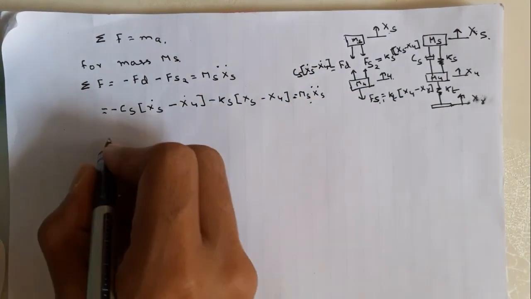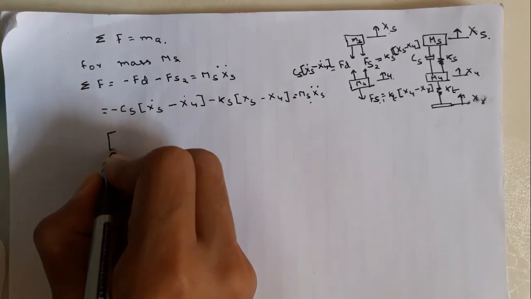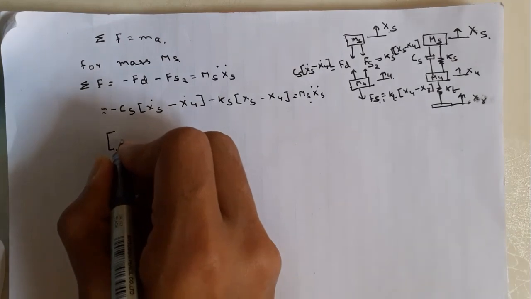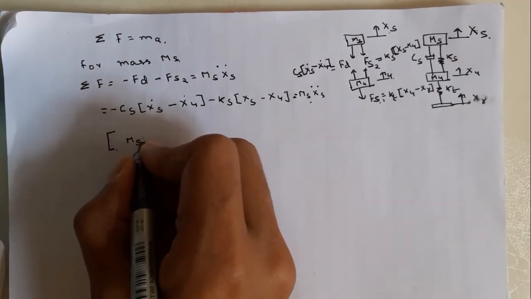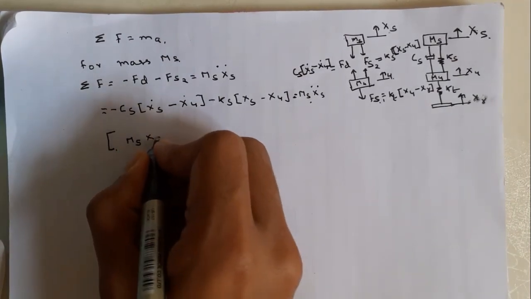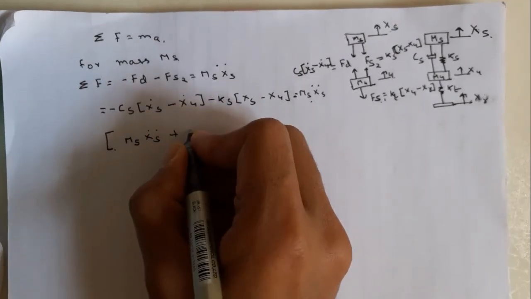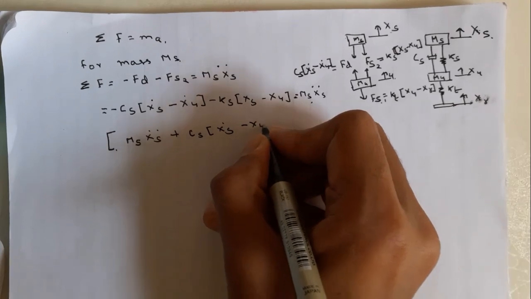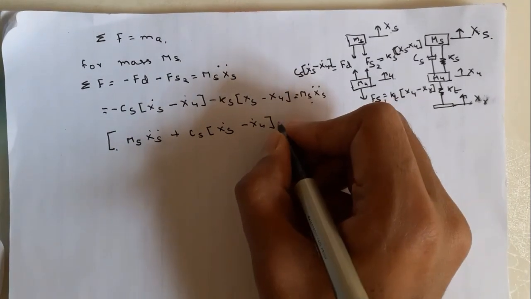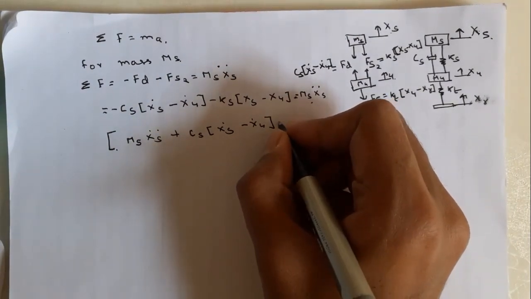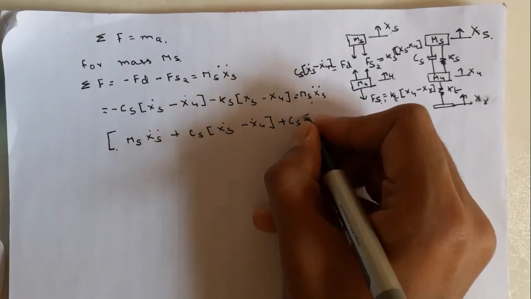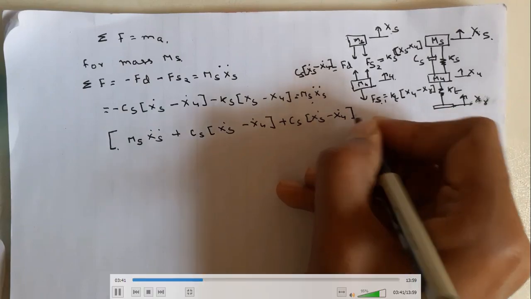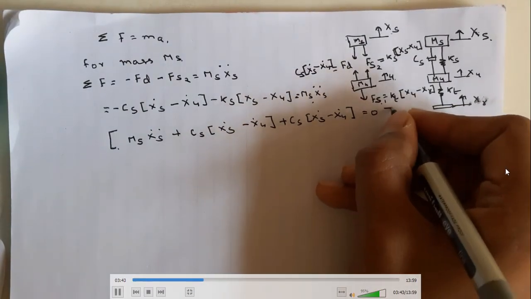After this we will rearrange it. After rearranging, it will be ms xs double dot plus cs into xs dot minus xu dot plus ks into xs minus xu. Wait, just a second, I have repeated it again.